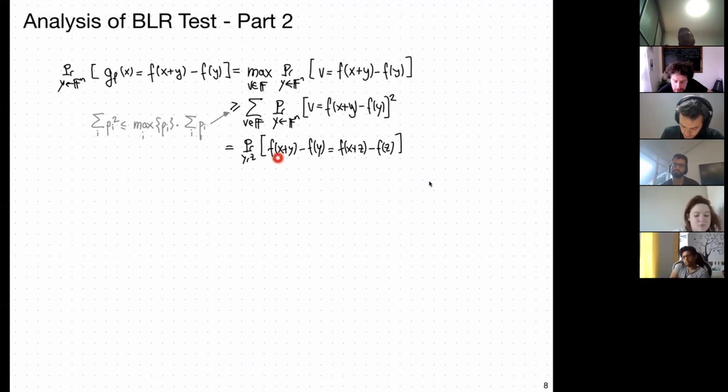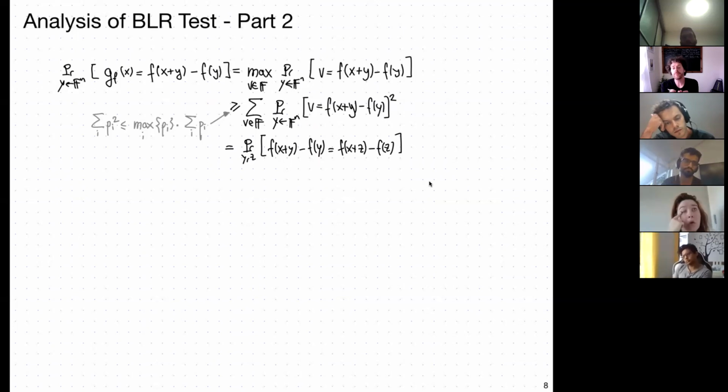So I'm looking at f of x and f of x, and I'm choosing two different neighbors. One of them would be y, and one of them would be z, right? I take this term and I'm getting some vote for f of x, and I take this term and I'm getting some vote for f of x. So this tells me the probability that if I take two random votes, they happen to agree.